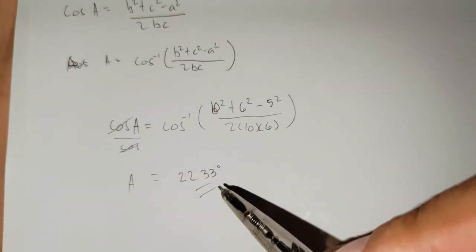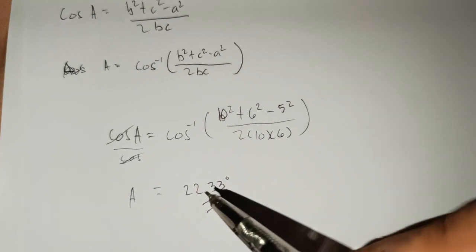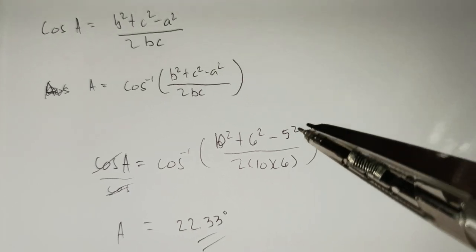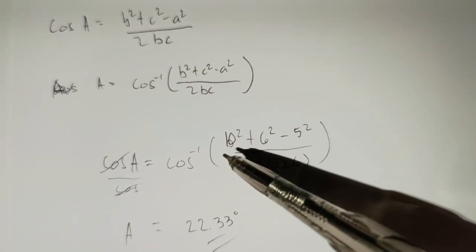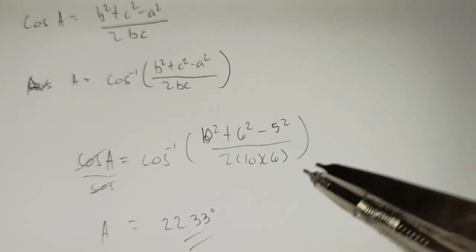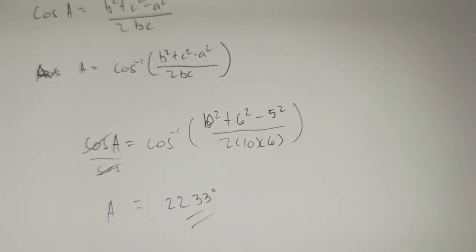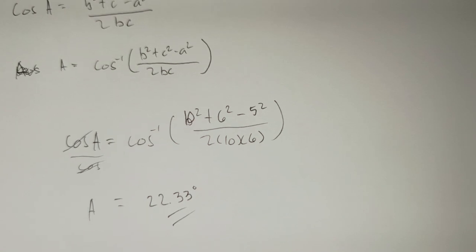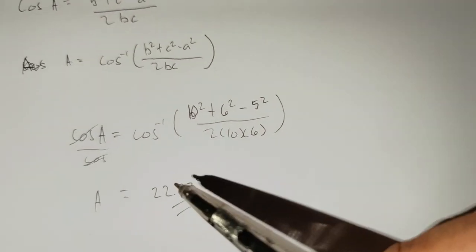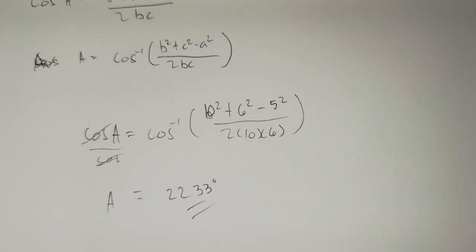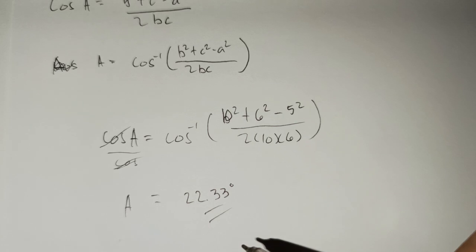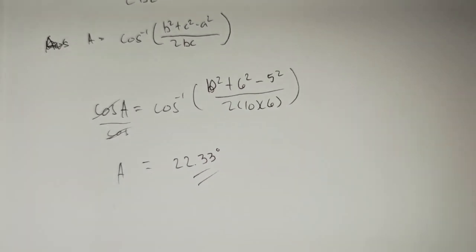Now we have the answer. A is equal to 22.33 degrees, where A equals cosine inverse of 10 squared, and so on. We have to note that we need to use a scientific calculator to get this answer. The angle A is equal to 22.33 degrees.